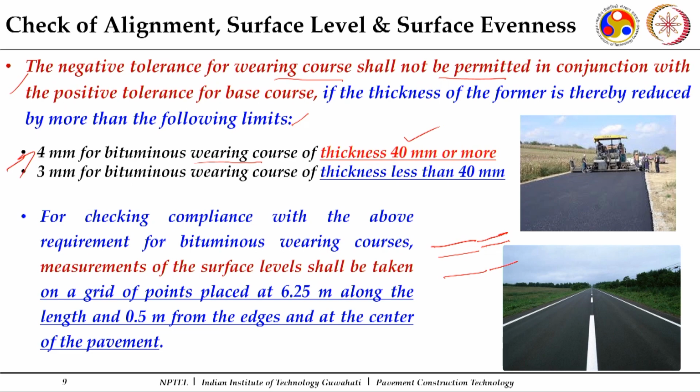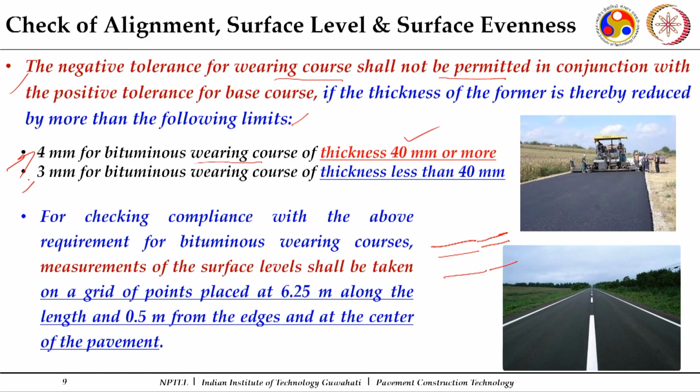In those cases when it is more than 40 mm, this overall thickness reduction, because of greater thickness of base courses and lesser thickness of the wearing course, should not affect the thickness by more than 4 mm. And if it is less than 40 mm, it should not affect more than 3 mm.